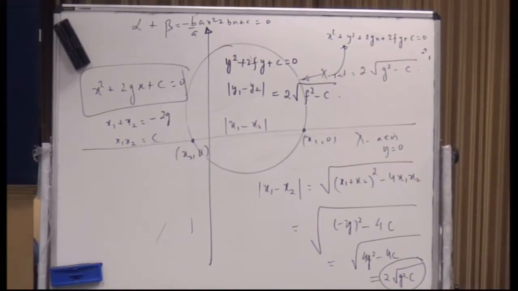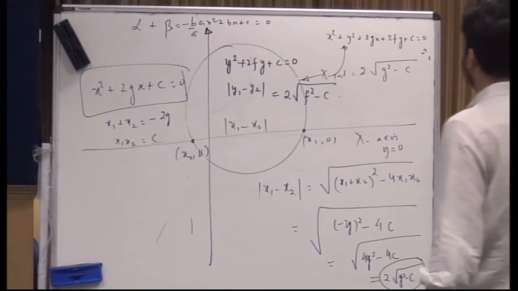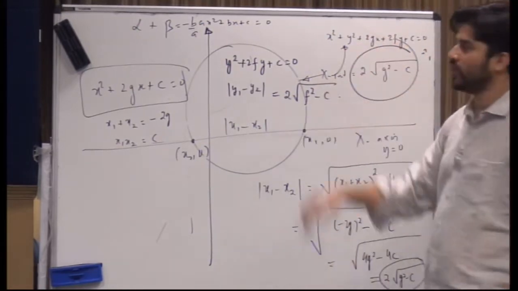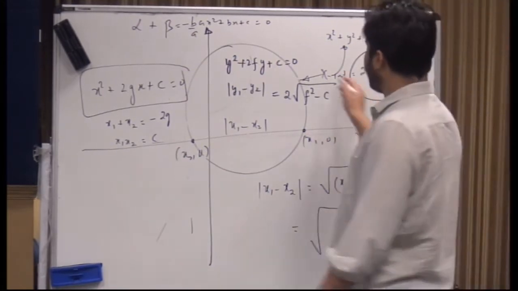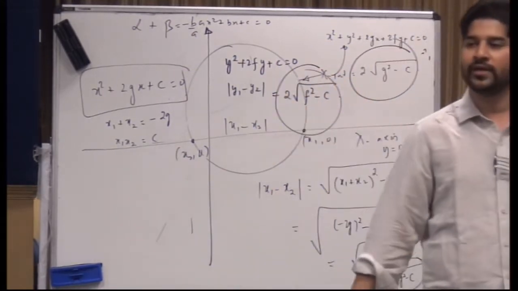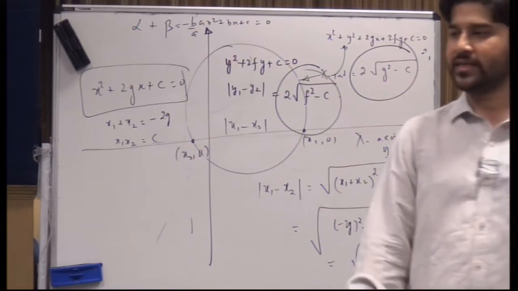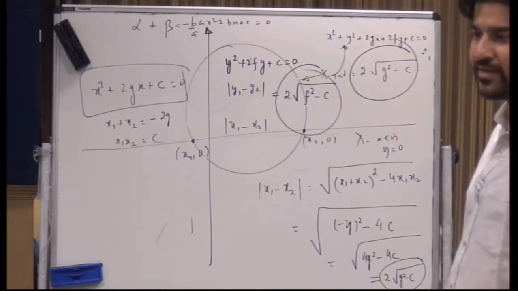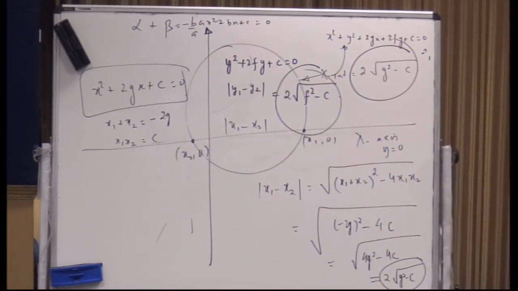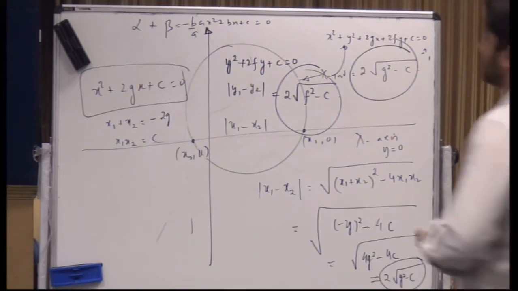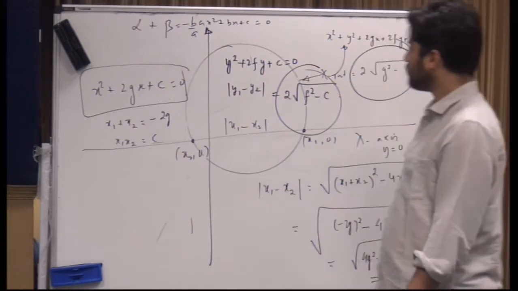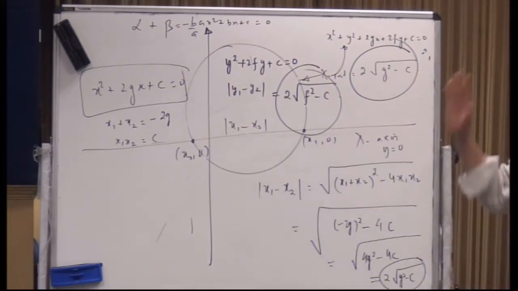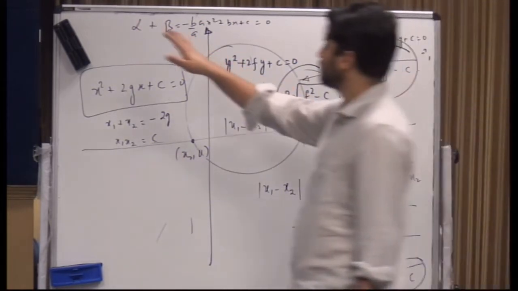The equation is symmetric, so I can directly say the expression of the x-intercept is going to be twice of under root g square minus c, and the expression of the y-intercept is going to be twice of under root f square minus c. So you understood what is the length of the x-intercept and what is the length of the y-intercept, right? Should I rub it? Okay.